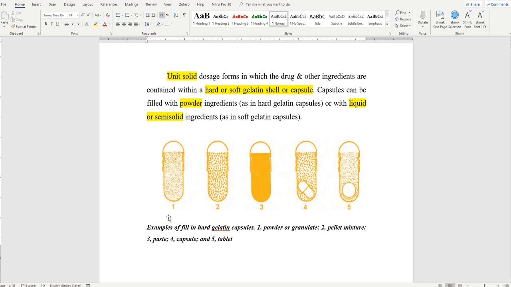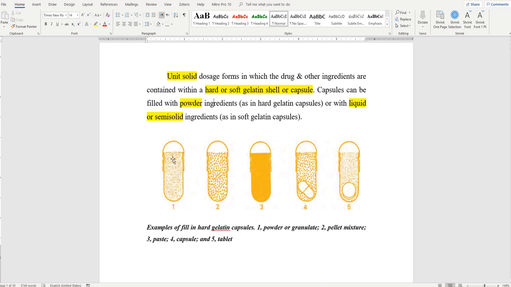You will see in this figure a hard gelatin capsule. If you look carefully, you will see the top part, which is referred to as the cap, and the bottom part, which is referred to as the body. Then hard gelatin capsules are two-piece capsules made of cap and body.